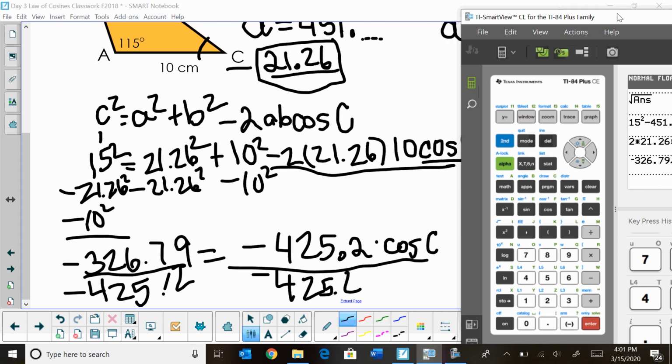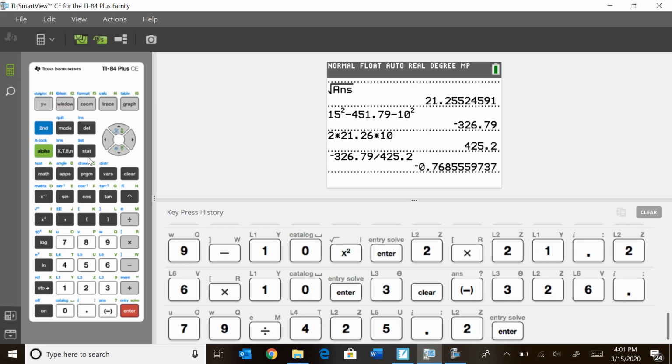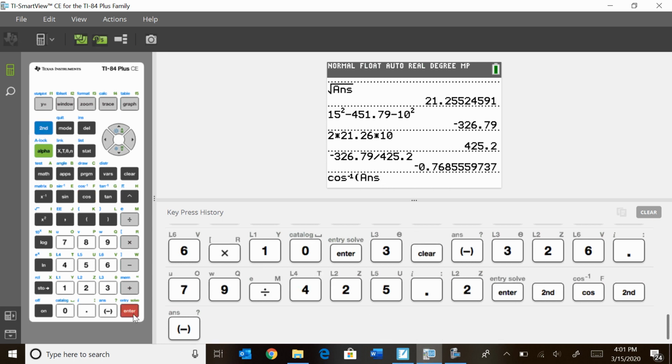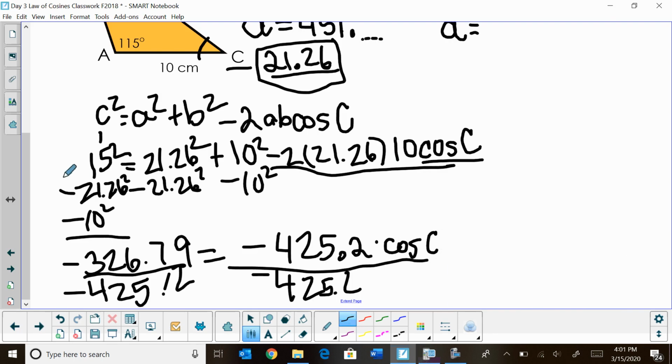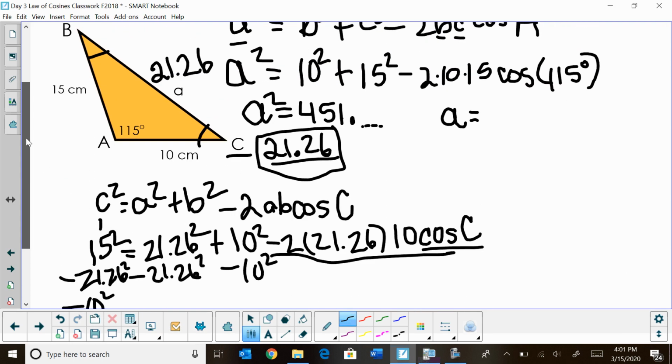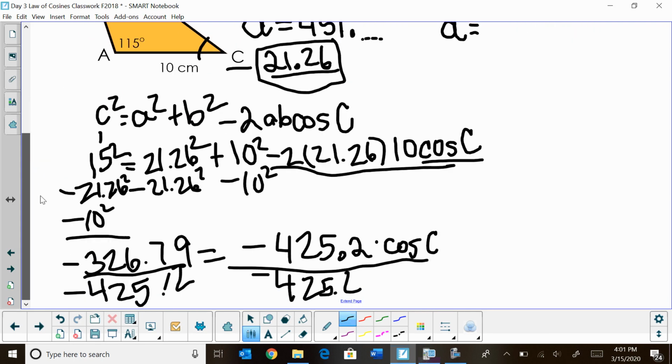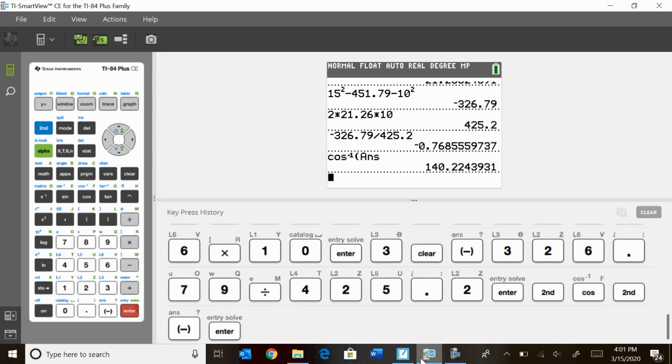Now to find the inverse cosine, we've just been doing this. Let's go ahead and do second cosine, second answer, and boom, it's 140. 140, that's not possible. What did we do wrong? It's not negative, that's why. I forgot to divide by a negative 425 right here.